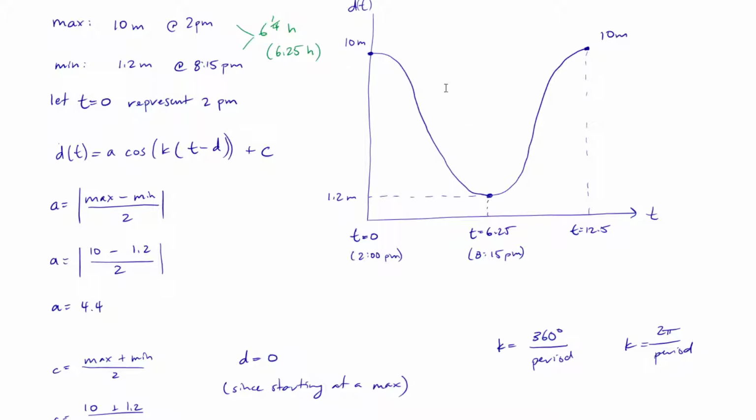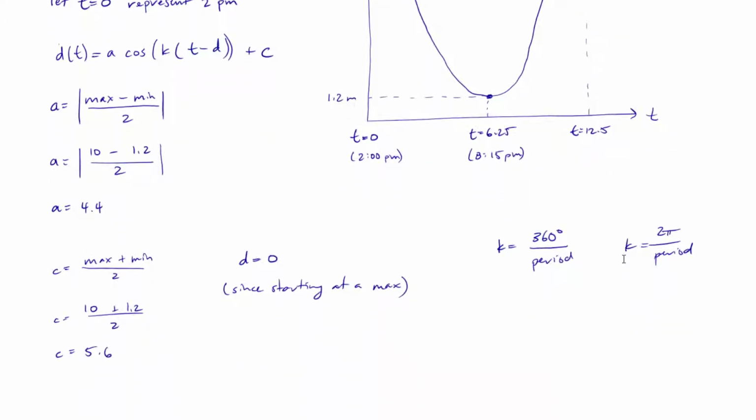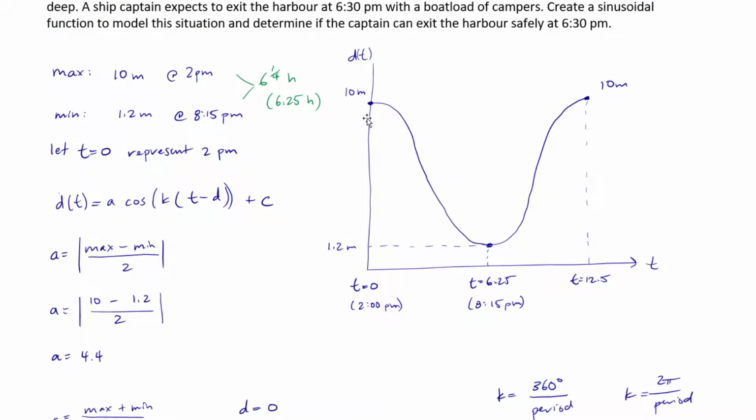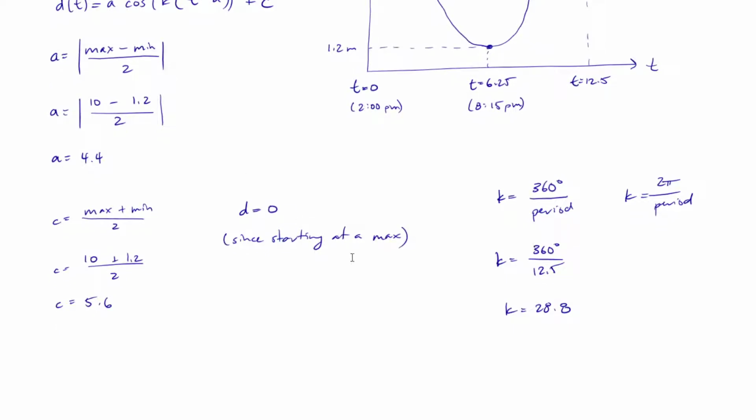Well, the period we can see is 12.5, so the k value is going to be equal to 360 degrees over 12.5, and 360 degrees divided by 12.5 is equal to 28.8. So I now have the equation of the function because I have A, 4.4, k, 28.8, d, which is 0, since I'm starting at the maximum right here, and then I also have c, which is 5.6 right there.